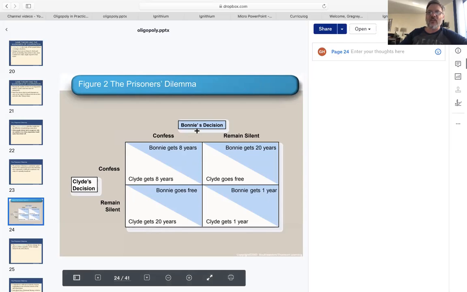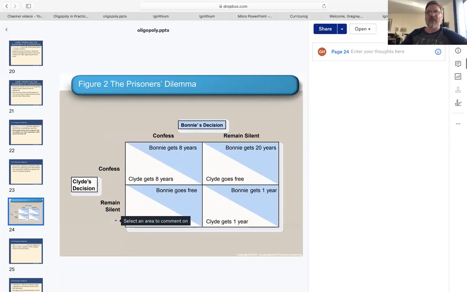So you have a row player, and Clyde is the row player, and the actions available to Clyde are the labels on the rows, so he can confess or remain silent.